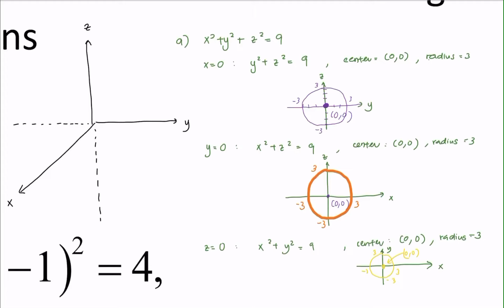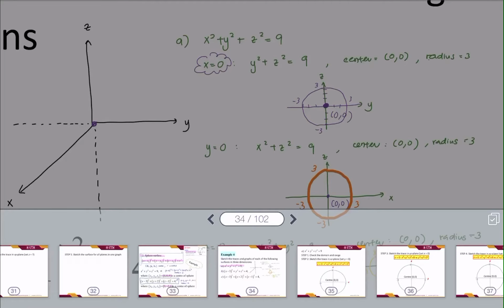Let's say here is the origin, 0, 0. At the x equal to 0 plane, you have the front wall. It is basically 3 units.